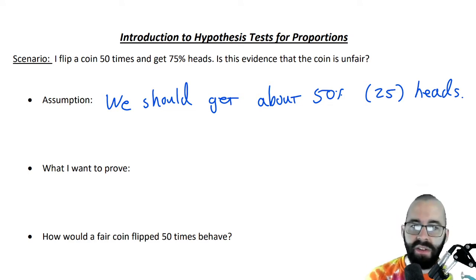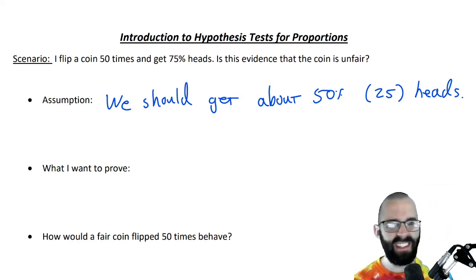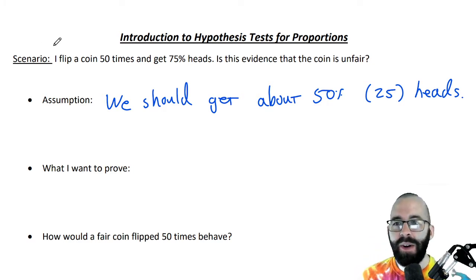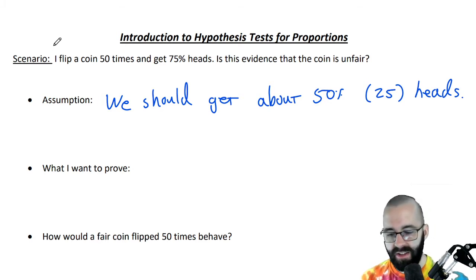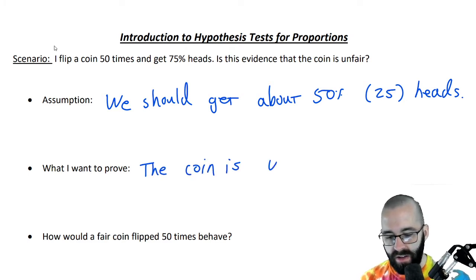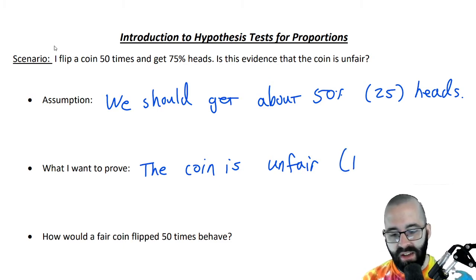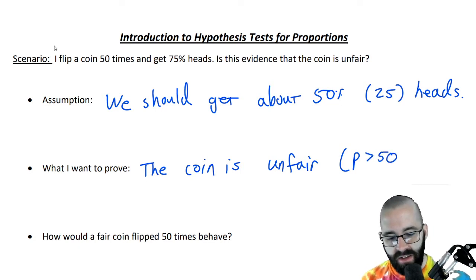We're assuming that the coin is fair, but we did this little test and now it's looking like maybe it's not fair. So that's our assumption. We should get about 50% heads. What we want to prove is that the coin is unfair, that the probability of heads is more than 50%.